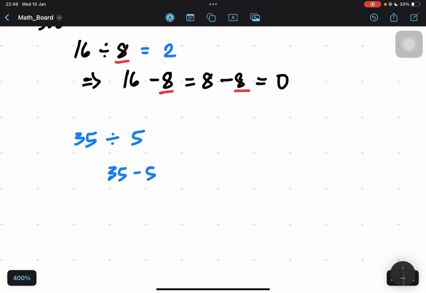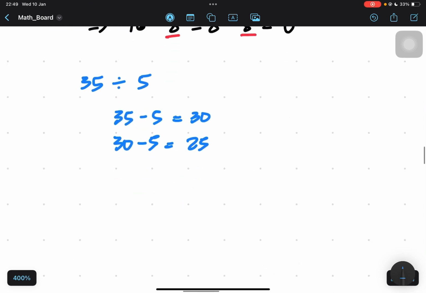And 35 minus 5 is equal to 30. And 30 is not equal to 0, so we deduct another 5. And 30 minus 5 is 25. And 25 is not equal to 0, so we deduct another 5.